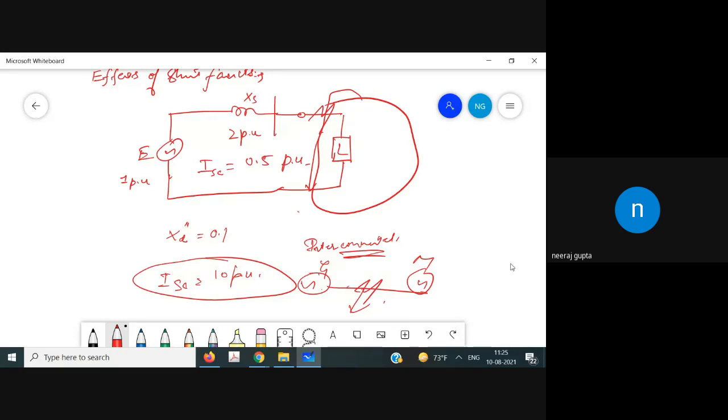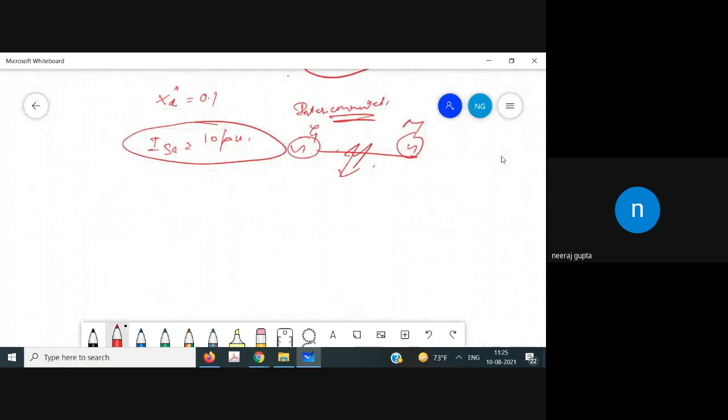Now, what will the fault do? Whenever there is a fault, it will cause heavy current to flow, meaning a large amount of current.